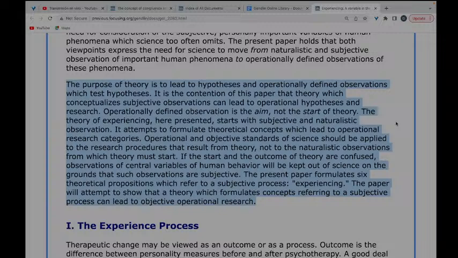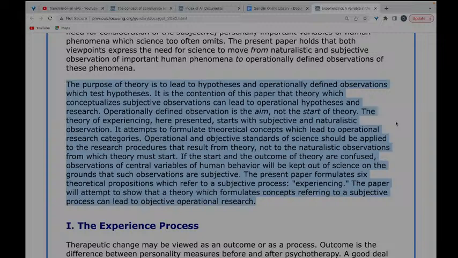The theory of experiencing, here presented, starts with subjective and naturalistic observation. It attempts to formulate theoretical concepts which can lead to operational research categories. So the theory of experiencing starts with subjective and naturalistic observation, attending to the felt experience in one's own body, which is deeply subjective, right?